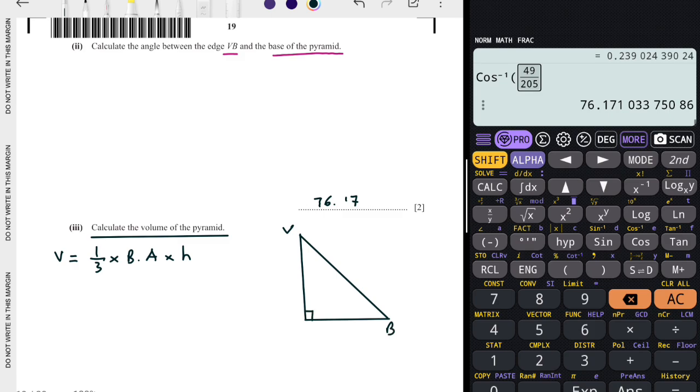So VO is the height of the pyramid, and VB is 82, and OB is 19.6.